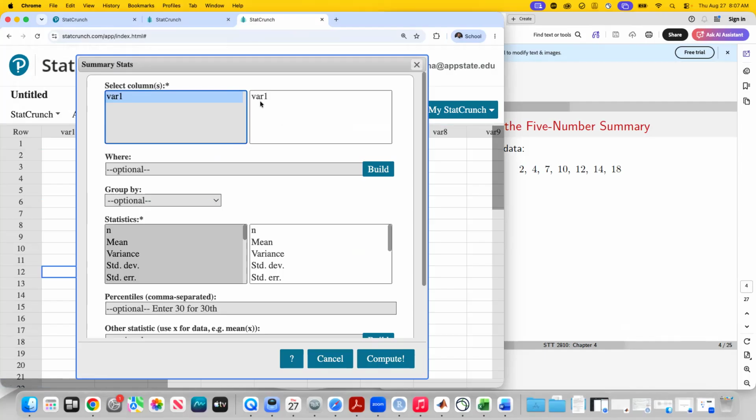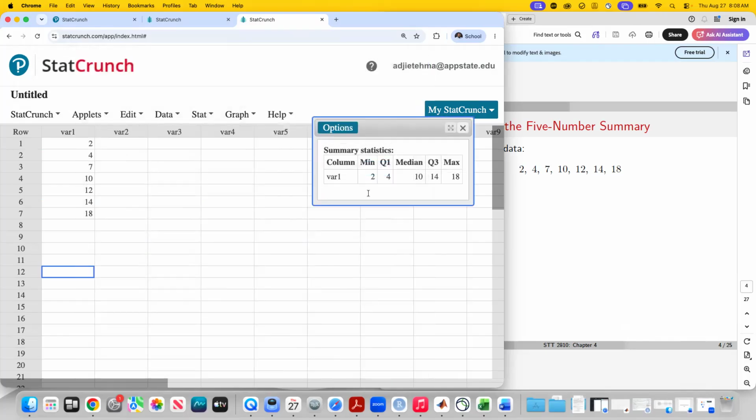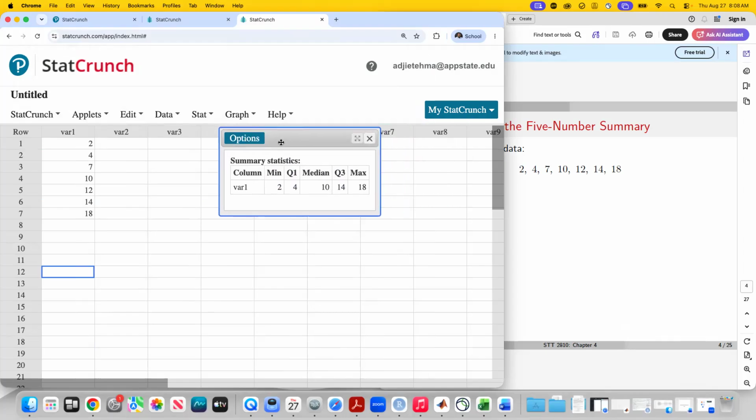What is the order for the 5-number summary? The first is the minimum, so I click on that. When you click on that, it shows here, followed by Q1, and then the median, and then Q3, and then the maximum. And then I hit Compute, and so it does that for you.